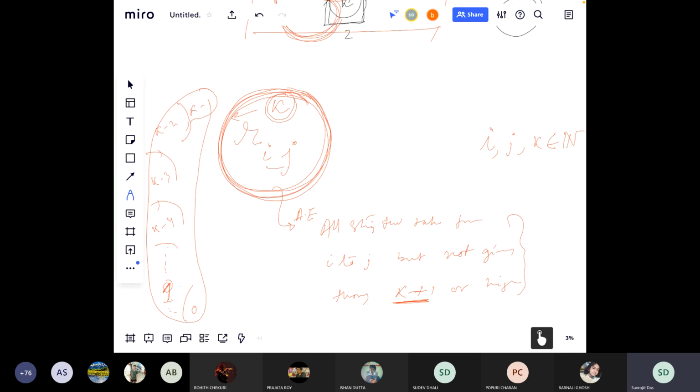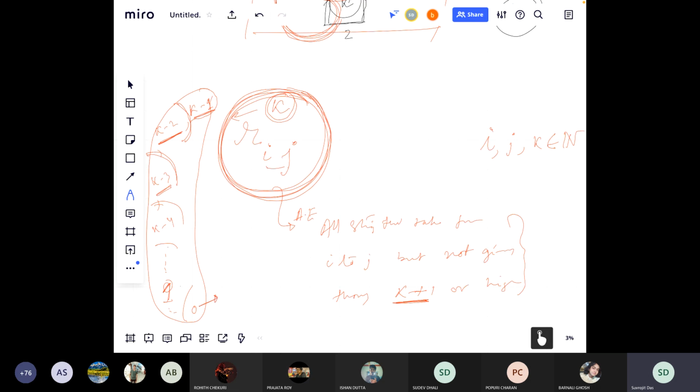So if I talk about strings that take me from state I to state J, Rijk means that I have already taken care of all strings that take me from I to J via the highest intermediate state as K minus 1. And once I had K minus 1, it means that I should have had K minus 2, and K minus 3, like that, to 0. The recursion ends here.